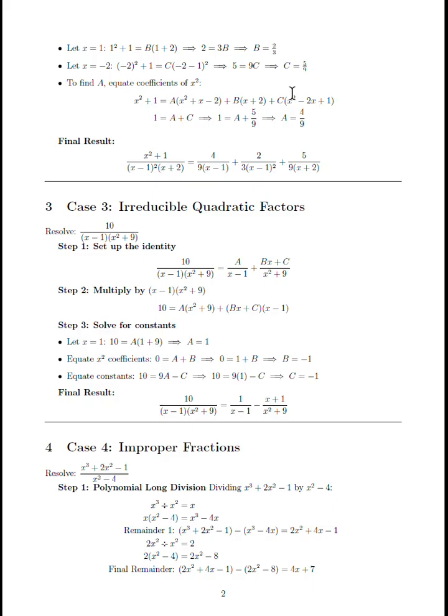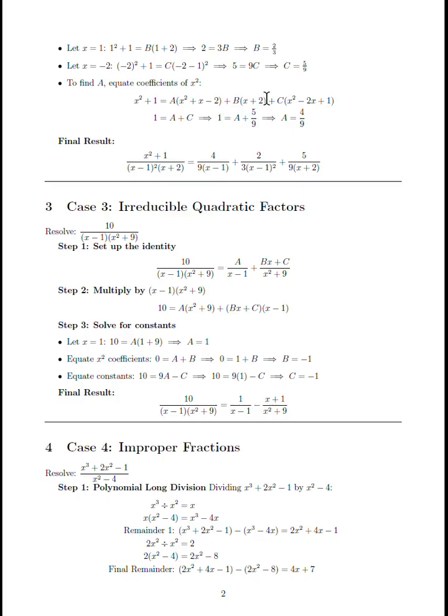Our coefficient for x squared on the right hand side must be equal to our coefficient for x squared on the left hand side. So in essence, a plus c are the ones attached to x squared on the right hand side, and so their sum must be equal to 1 because our coefficient of x squared on the left hand side is 1.